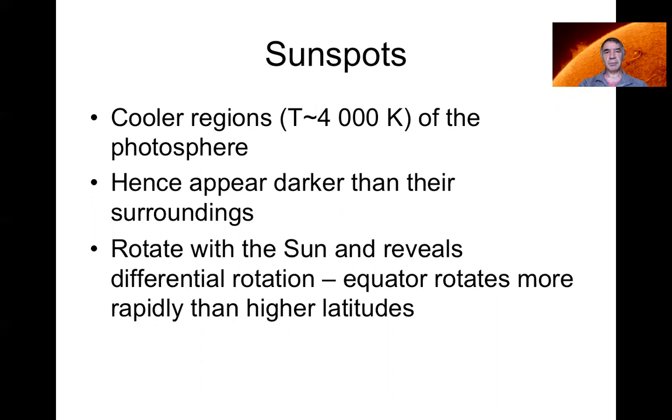The sun, because it's a ball of gas, does not have to rotate as a solid, and it doesn't. In fact, the equatorial regions of the sun rotate faster than the higher latitudes up towards the poles. So different latitudes have different rotation rates, and this is referred to as differential rotation. We'll come across various manifestations of differential rotation in this module, but this is the first one.